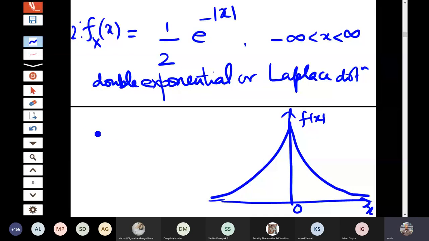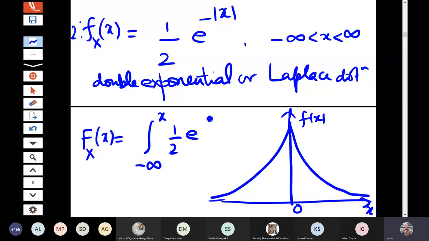So here you can see what is the CDF. Let us write this down. F of x is the integral from minus infinity to x of half e to the power, see, if I am taking x to be negative, then mod of x is becoming minus x, so this will become plus.